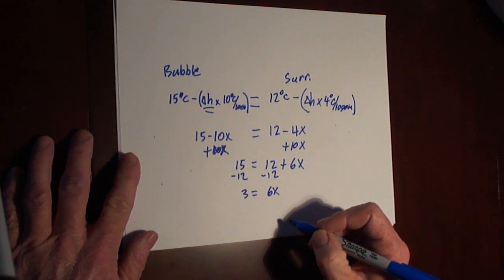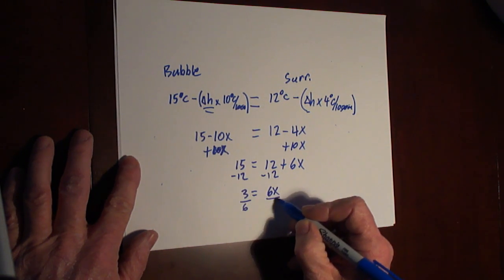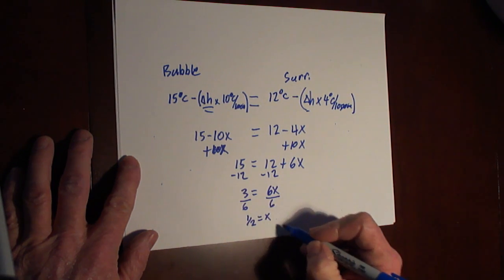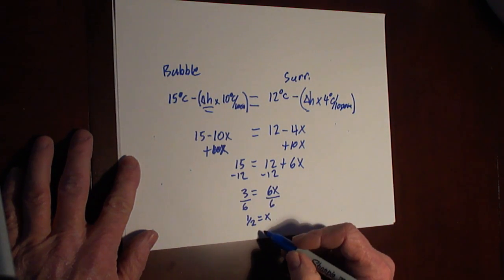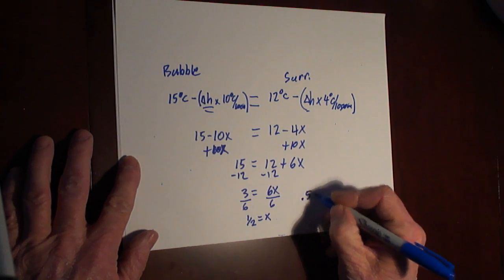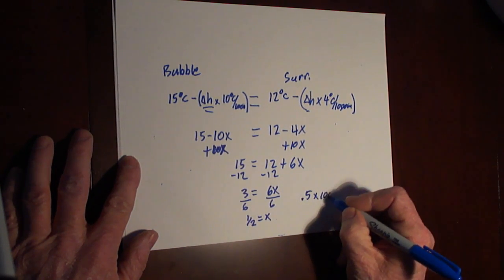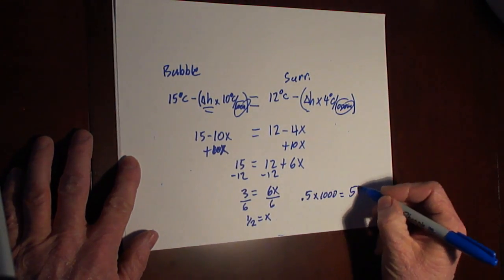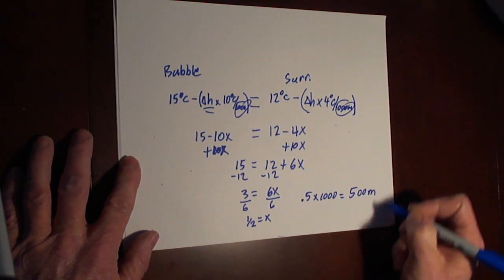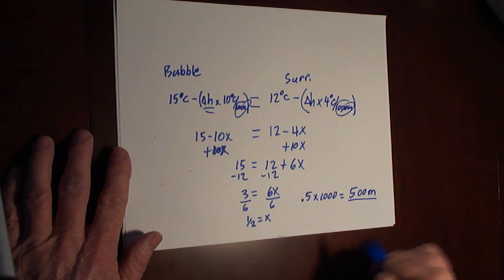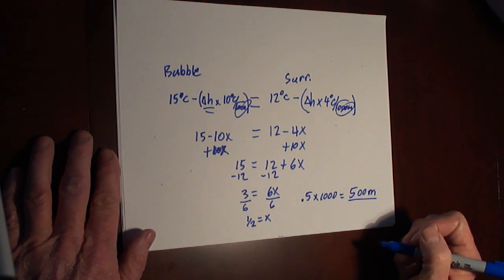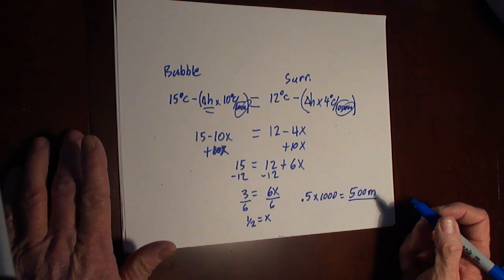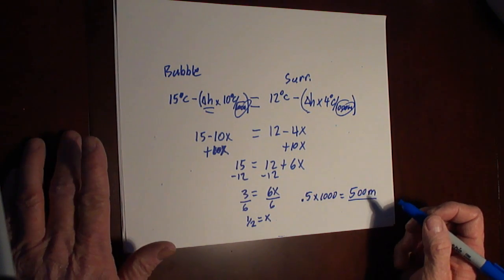Now I'm going to divide each side by 6, and I get 1/2 equals x. 1/2 is also 0.5. Now I'm going to multiply by 1,000 to bring the thousands back in, and I get 500 meters. So the bubble made it to 500 meters before it reached the same temperature as the surroundings, and it dissipated.